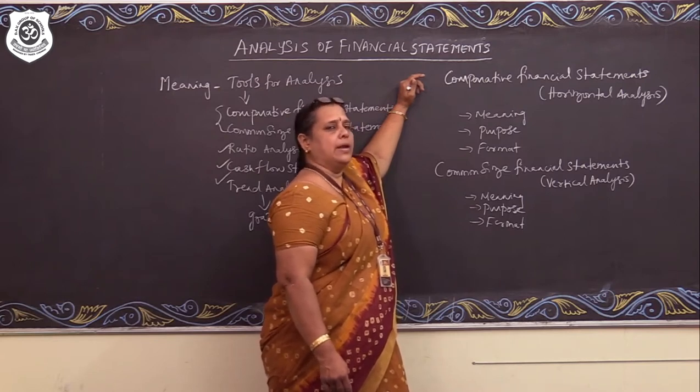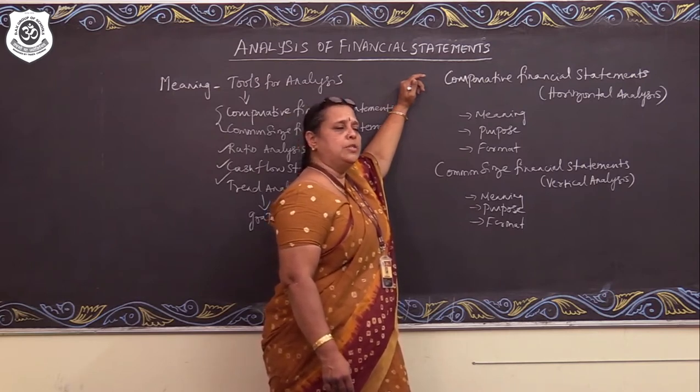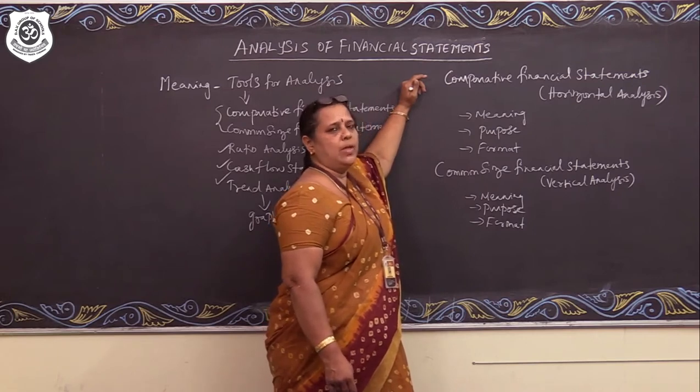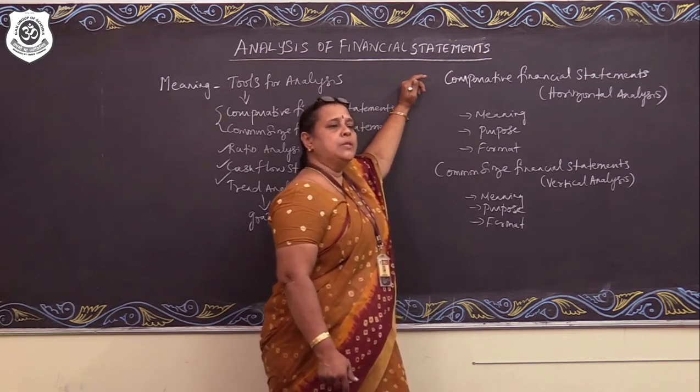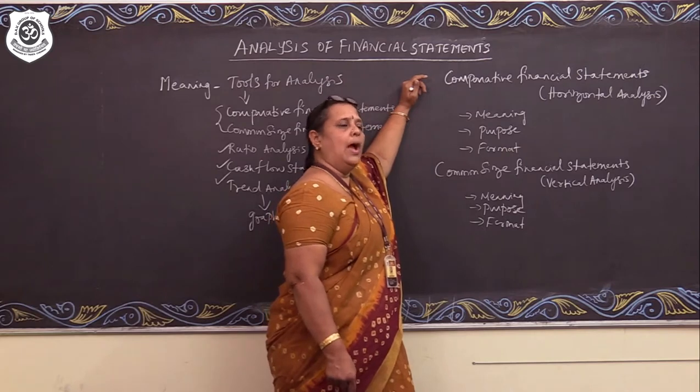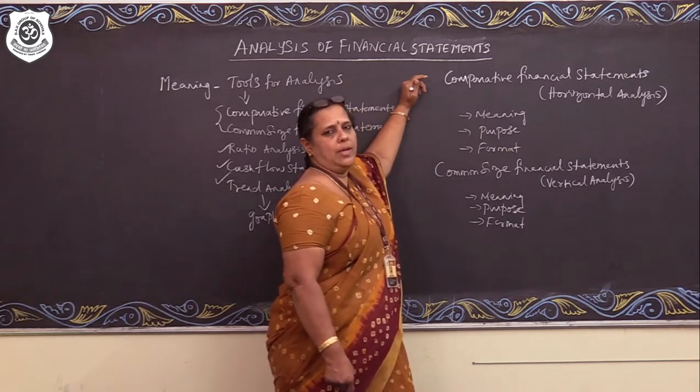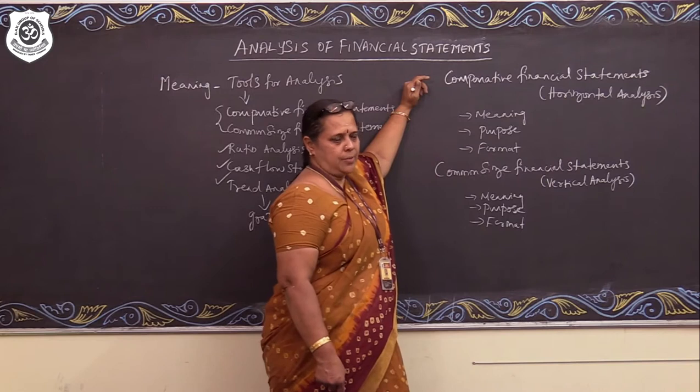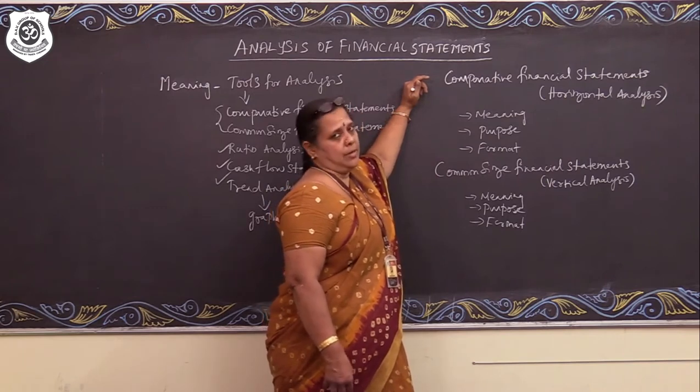The results of the current year will be compared with the results of the previous year. The absolute change will be found out and expressed as a percentage, which is called a comparative financial statement.